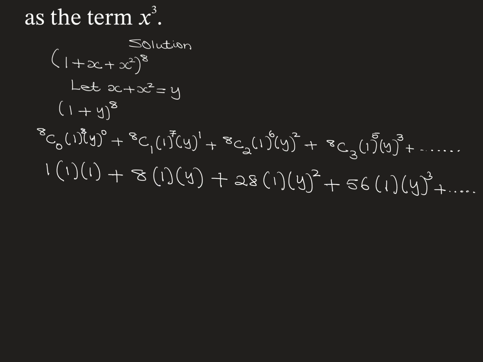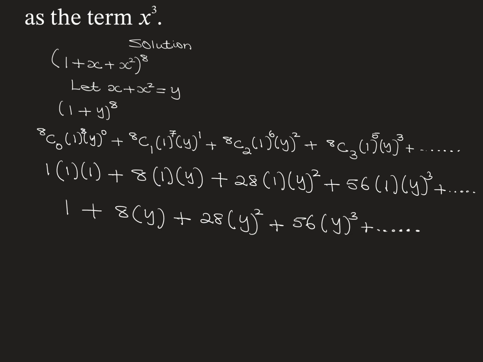Now, if we expand this, 1 times 1 times 1 is 1, plus 8 times 1 is 8 multiplied by y, we can say 8 into y, then plus 28 times 1 is 28 into y to the power 2, plus 56 times 1 is 56 into y to the power 3, plus we continue.